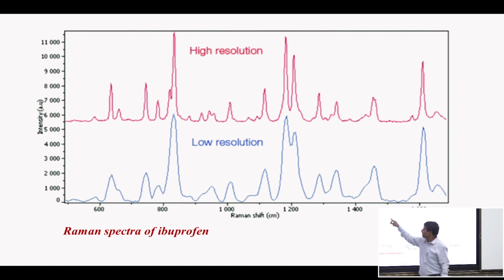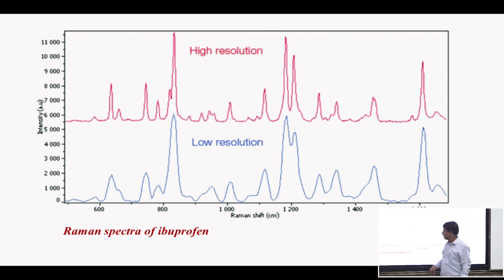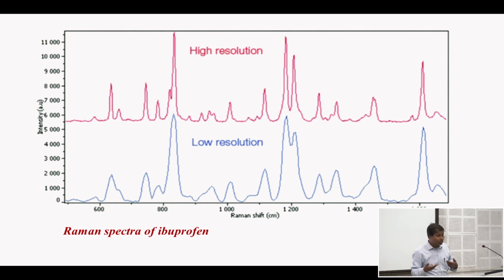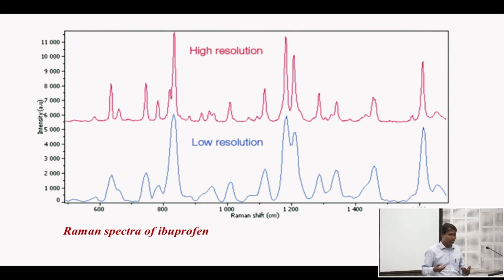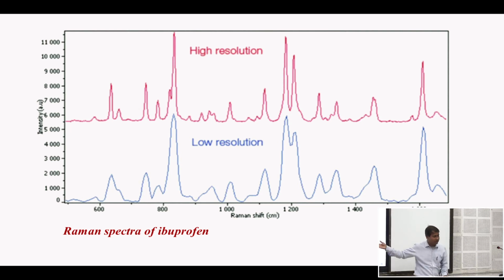Here you see this band is absent here. So here every band is very clearly seen. The more you see, the more you know about the molecule. If you know more about the molecule, that means you are ahead of others. So you pay more money to see more things. Okay, so that is the simple equation.